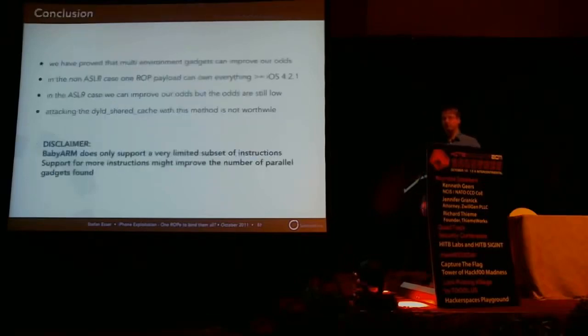Okay, so the conclusion of all this is we have proved that multi-environment gadgets can improve our odds. In the non-ASLR case, we can create one ROP payload that can own everything above 4.2.1, no matter what device. And we can also do that for the other linkers.